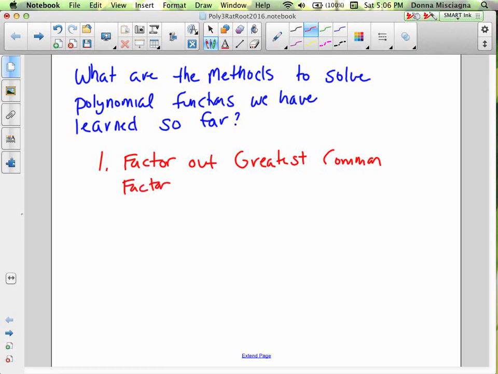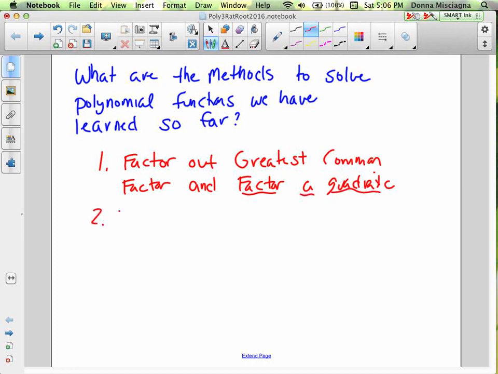Right, and then if we had any expression left that had an exponent higher than just an x, we combined that with factoring quadratics. But the main technique was factoring out a greatest common factor, and then we used factoring quadratics for the leftovers.